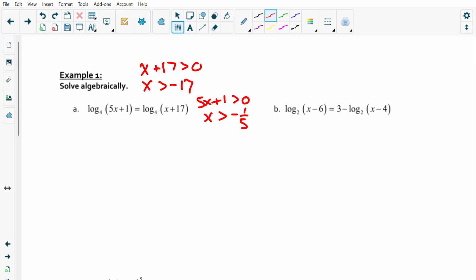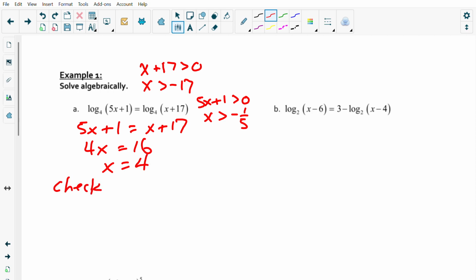I have a log base 4 term on both sides, so I can just make the two arguments equal. And then that's 4x equals 16, x equals 4. I'm not going to check every one, but you can check x equals 4. First of all, 4 is greater than negative 1/5 and greater than negative 17, so it has a defined logarithm.